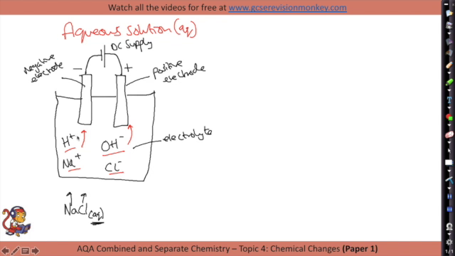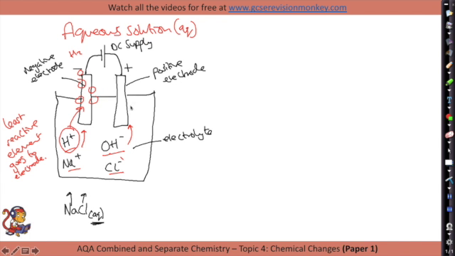In this case, the rule at the negative electrode is the least reactive element goes to the electrode. So in this case, hydrogen is less reactive than sodium, so you're going to get hydrogen gas given off. And with the positive electrode, if there is a halide ion in there, then that will be produced at the positive electrode.